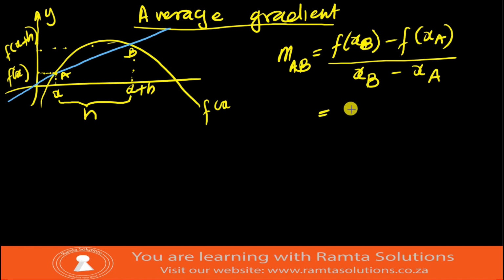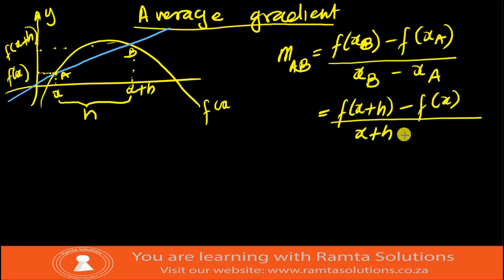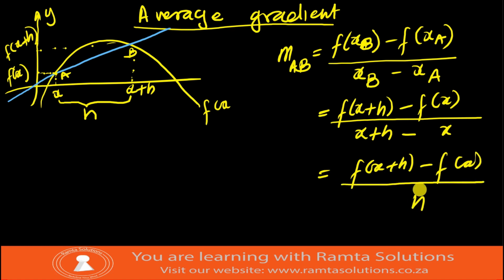It was f of x plus h, minus f of x at A, which was f of x, all over h, since x at B is x plus h and x at A is simply x.